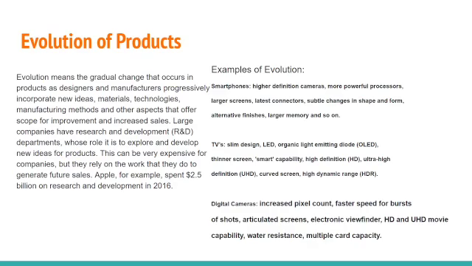And you've got some examples here. So obviously the evolution of smartphones would be better cameras, more powerful processors, better screens, larger screens. Obviously also small 4K displays and stuff like that, as well as better memory and better materials.